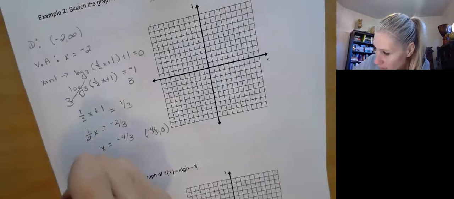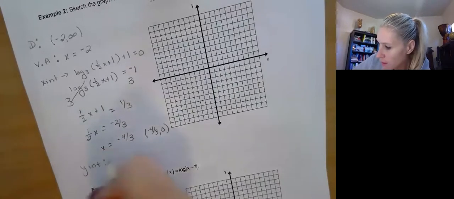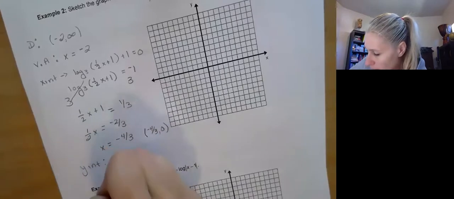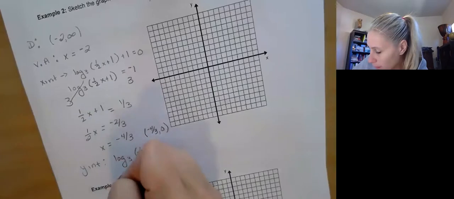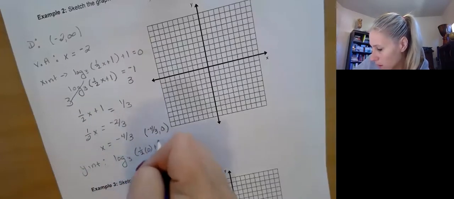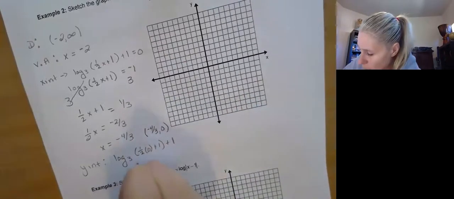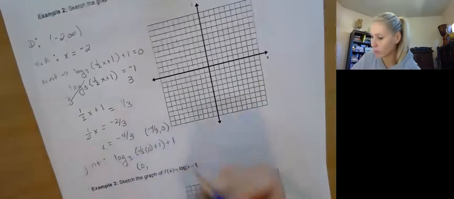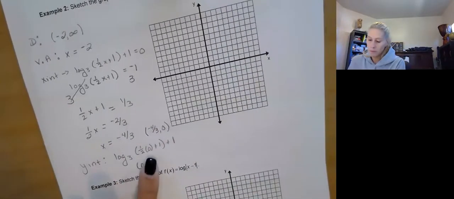The y-intercept is when x equals 0. So we have log base 3 of (1/2 times 0 plus 1) plus 1. Okay, so when we have our coordinate pair, we get 0, comma, well, let's see, log base 3 of 1.